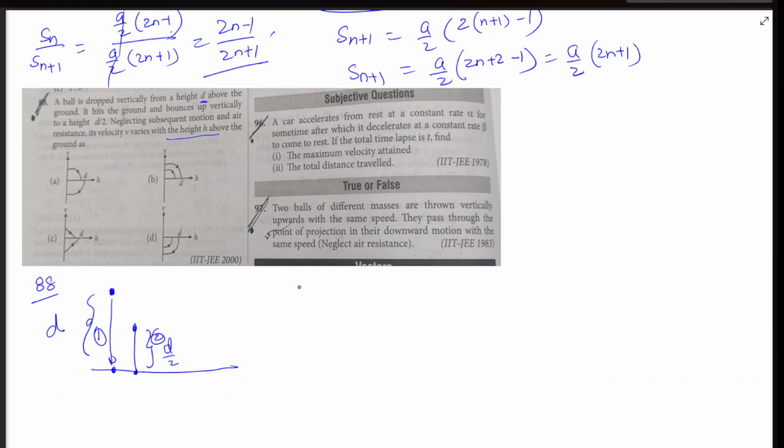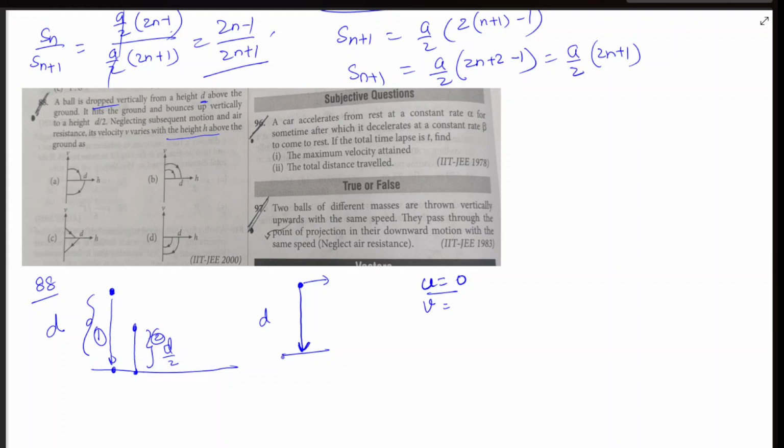So our particle is going down, moving a distance d. At the start, the initial velocity is 0, because it is dropped. Now it is going down, so its speed must be increasing.